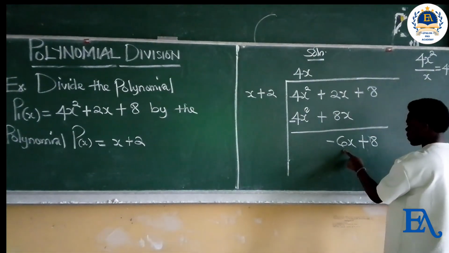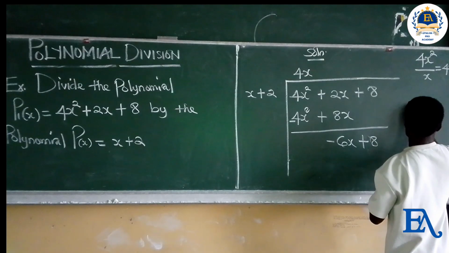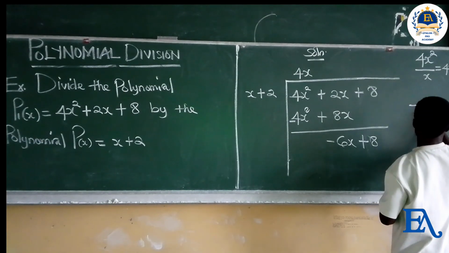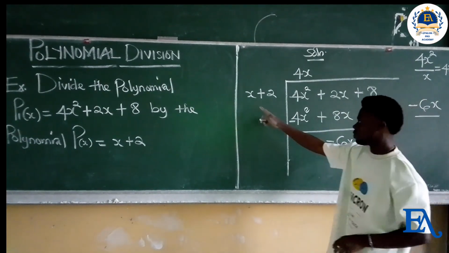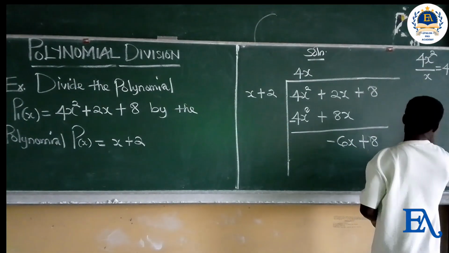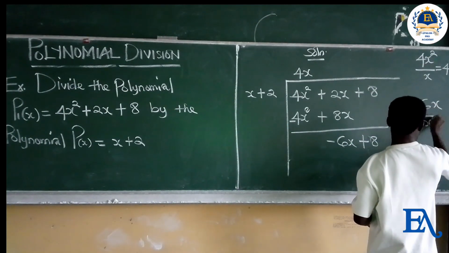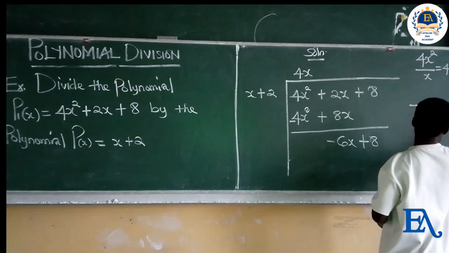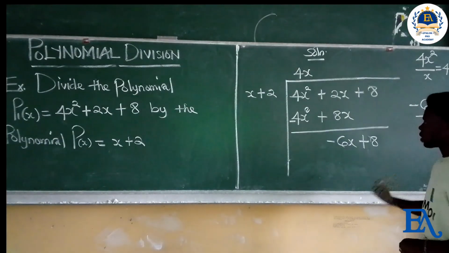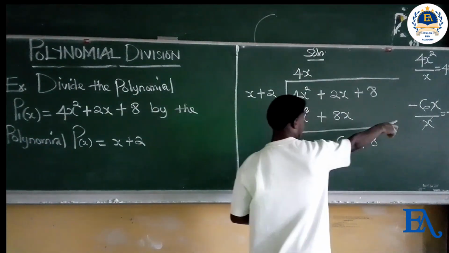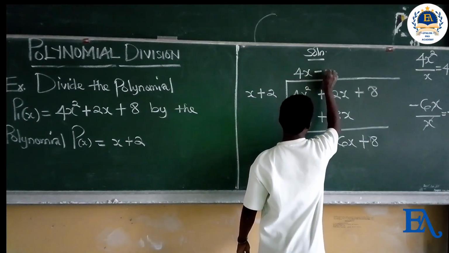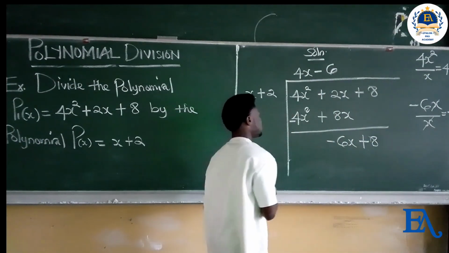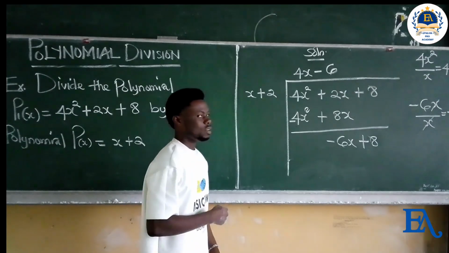So this is the first term of the dividend, minus 6x, divided by the first term of the divisor, which is x. If you divide this by this, we are going to obtain just minus 6. x cancels x. So this is what we call the next term of the quotient written above, which is minus 6.